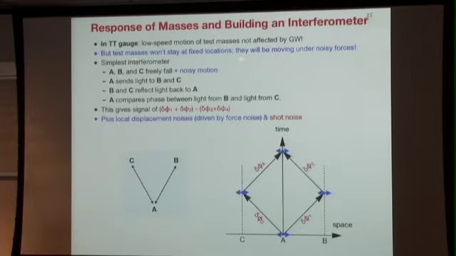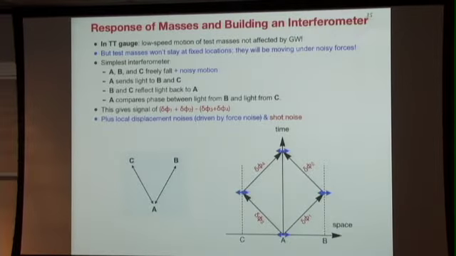So in this new coordinate system, you have to calculate the following way. These A and B are not affected by gravitational waves, but their motions will be just noisy motions due to random forces acting on the test masses. And then you basically get your signal, but then you also have local displacement noise, and you have shot noise when you combine the signals.